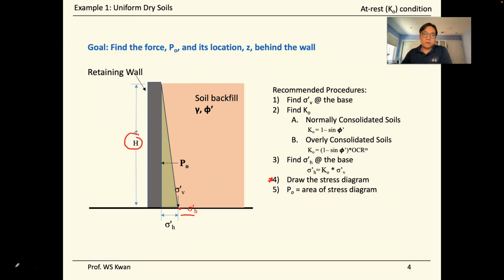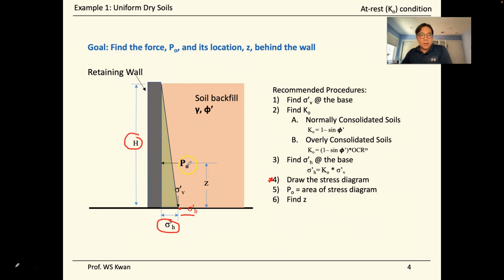The stress diagram uses the horizontal stress on the X axis and the height or geometry of the retaining wall as the Y axis. Then we can calculate the area of this green triangle representing the stress diagram for this soil profile. Since it is a triangle, it is 1/2 times the base, which is sigma prime h, times the height, the vertical dimension here.